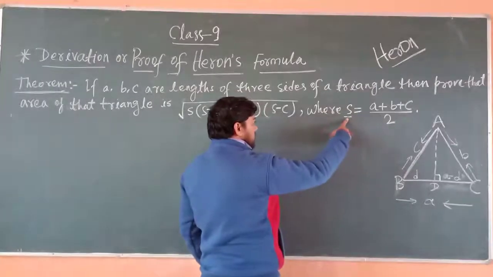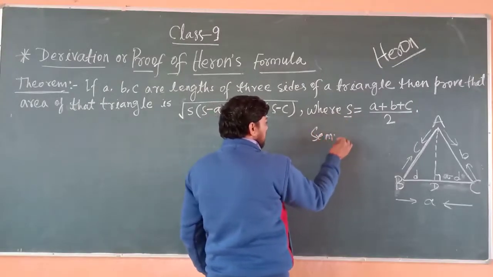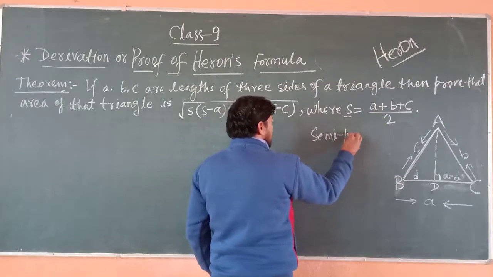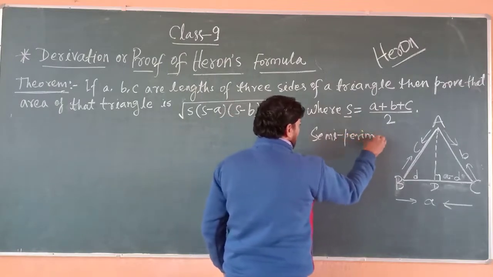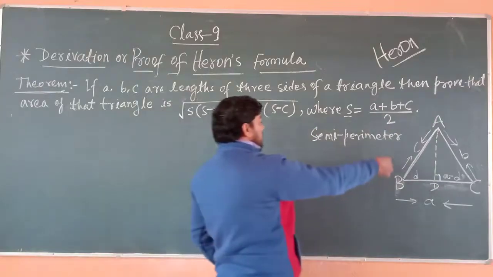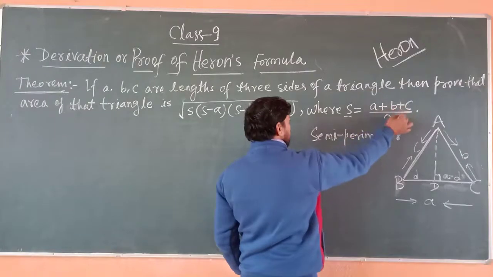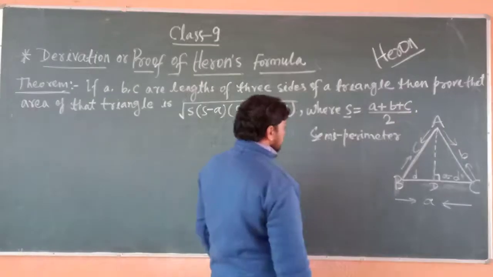S means semi-perimeter. Semi-perimeter means half of perimeter. So perimeter will be A plus B plus C, and half of perimeter is A plus B plus C upon 2.